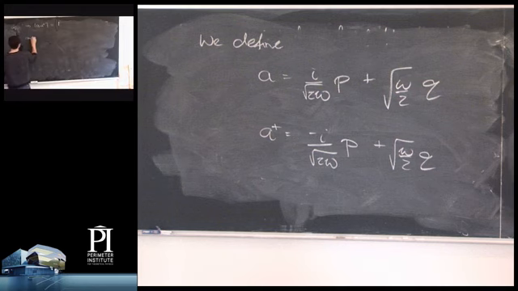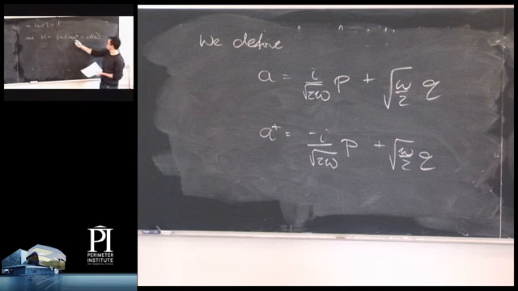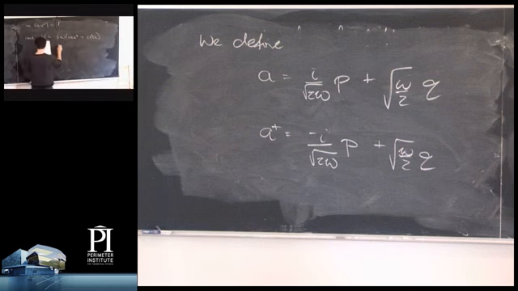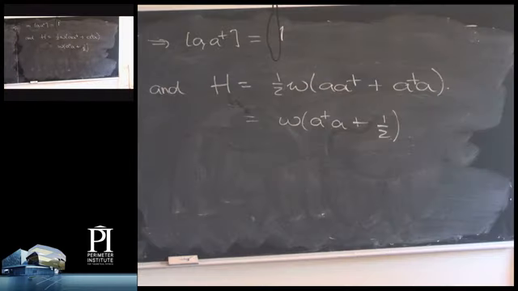And we can also write H in terms of A's and A daggers. We get the following form, or we could choose to commute the A and the A dagger past each other so that they're both ordered in this way, in which case the Hamiltonian takes the following form.